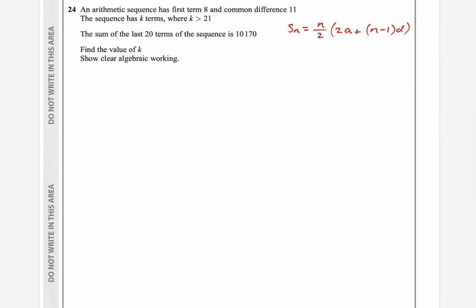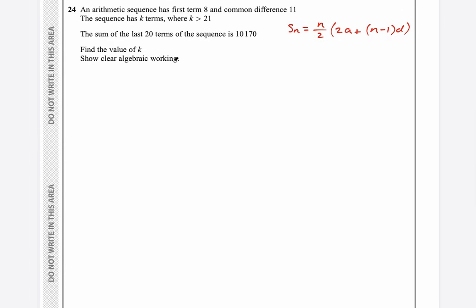Okay, so it has k terms. So this is how we're going to get the sum of the last 20 terms.